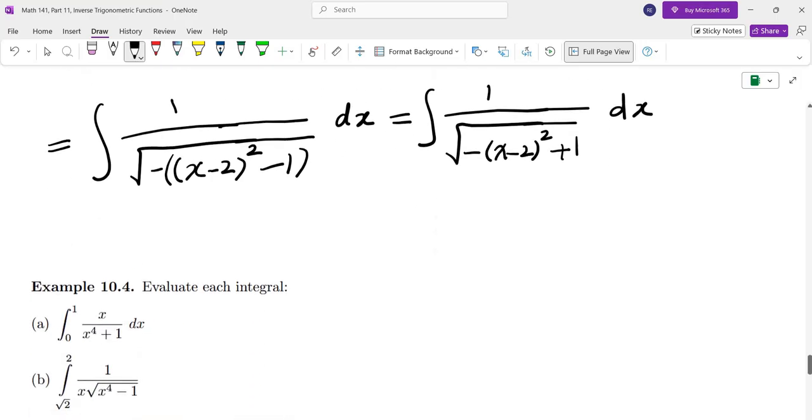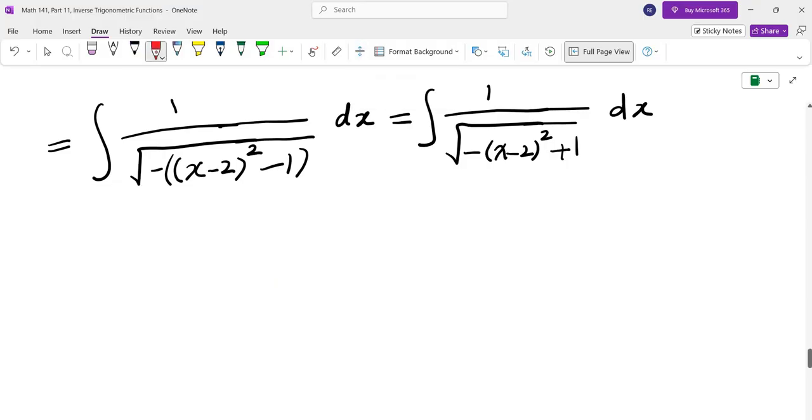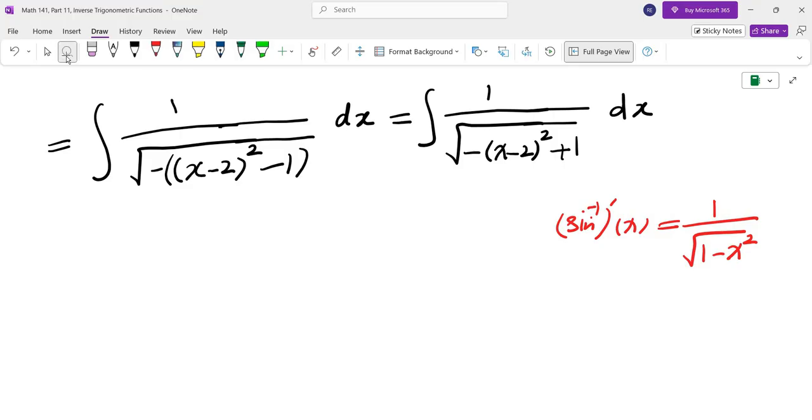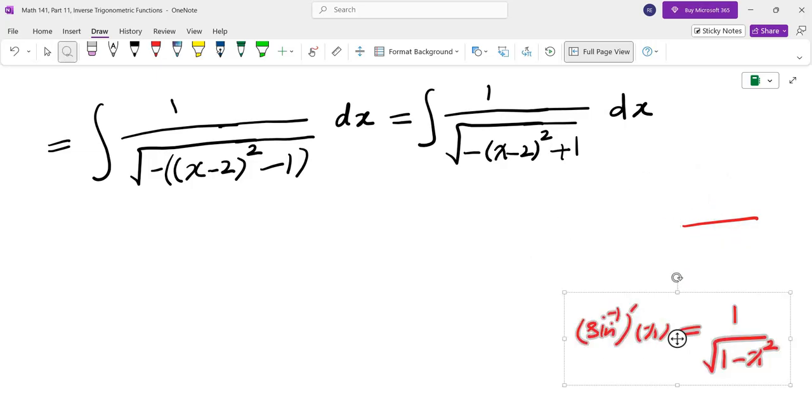Now this is very similar to the derivative of sine inverse. The derivative of sine inverse was 1 over root of 1 minus x squared. This is 1 minus (x minus 2) squared. So that suggests a u substitution for x minus 2. So let's do a u substitution for that. u equals x minus 2.